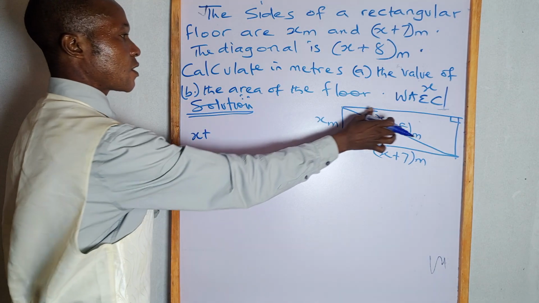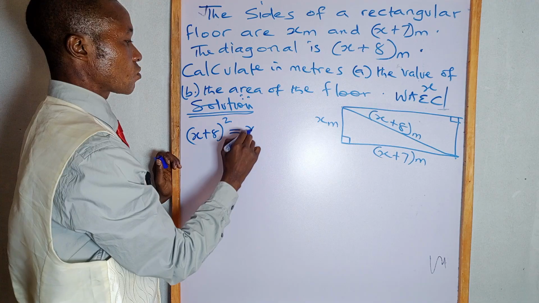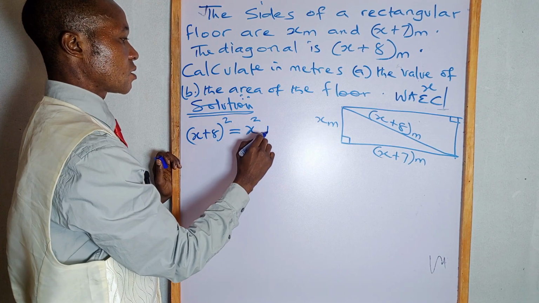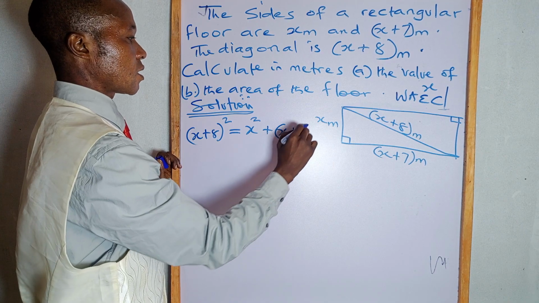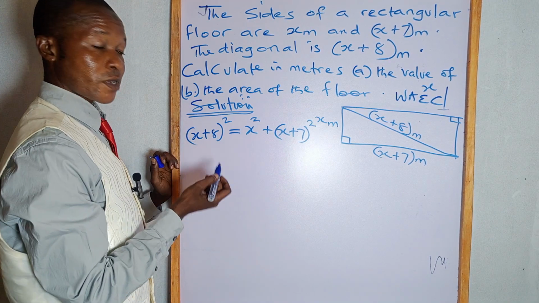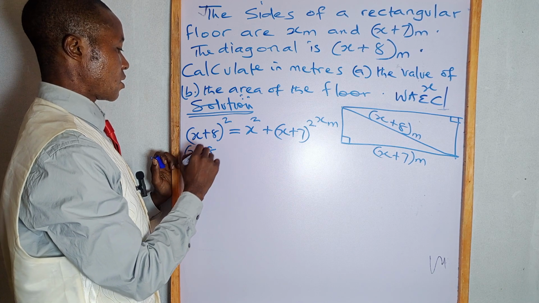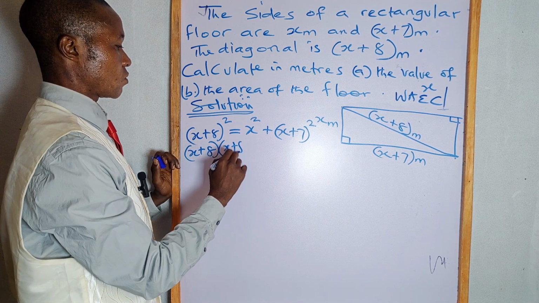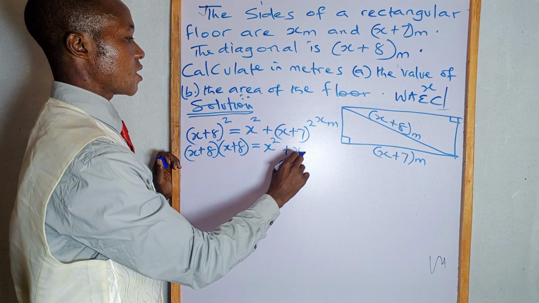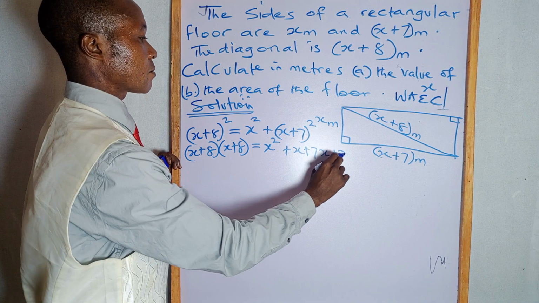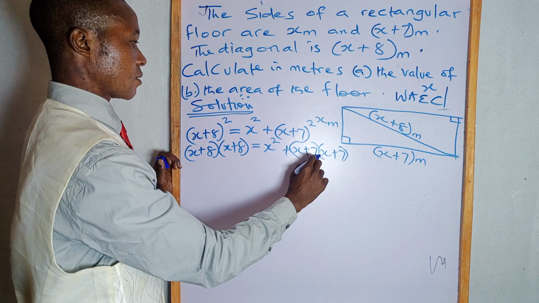So that means we have (x + 8) squared is equal to the breadth squared plus the length squared. Then we expand. We have (x + 8) twice is equal to x squared plus (x + 7) twice.